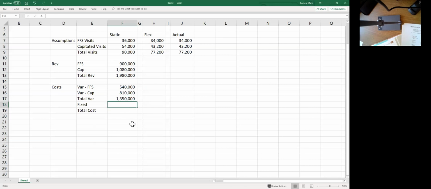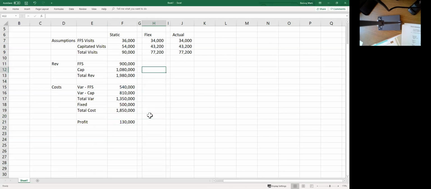We were originally expecting fixed costs of 500,000, for a total cost of 1.85 million. And then profit is our revenue minus our total cost.